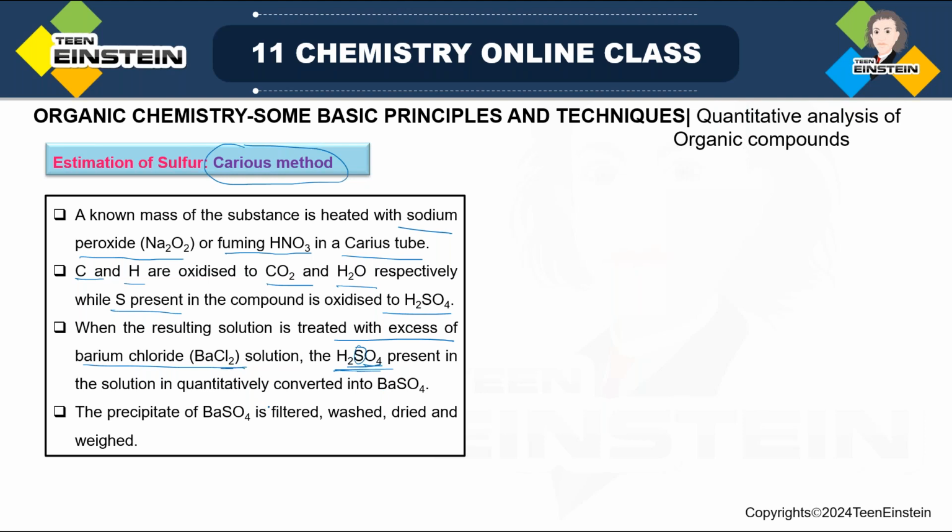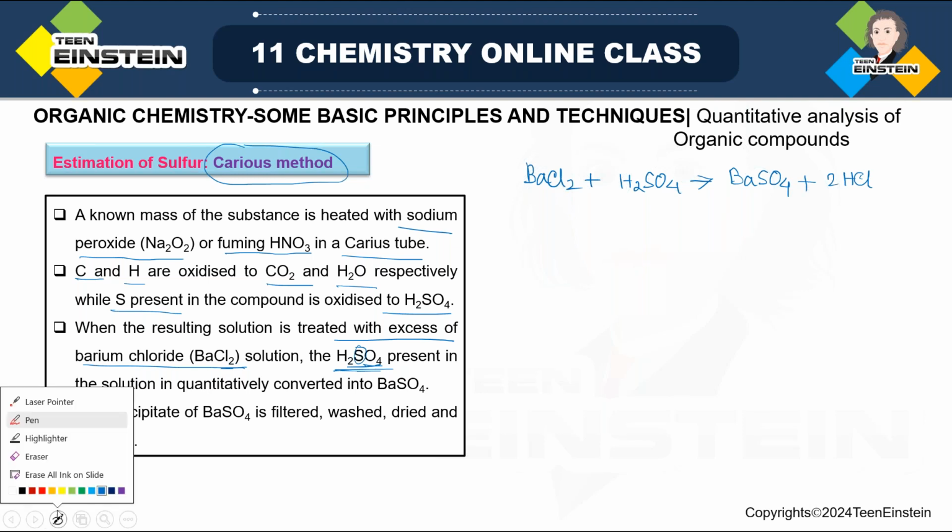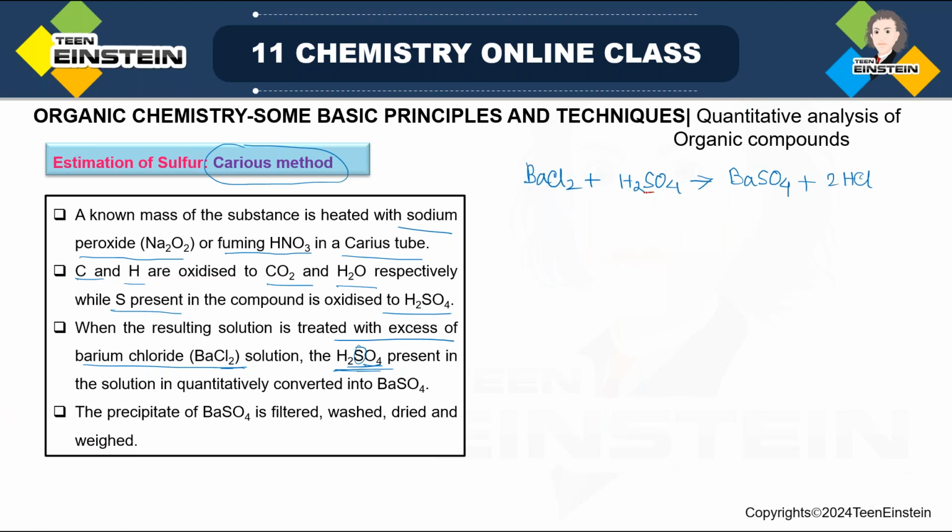This is simply a displacement reaction, so it will be quantitatively converted into BaSO4. A very simple equation: BaCl2 in the presence of H2SO4 will produce BaSO4 and HCl.